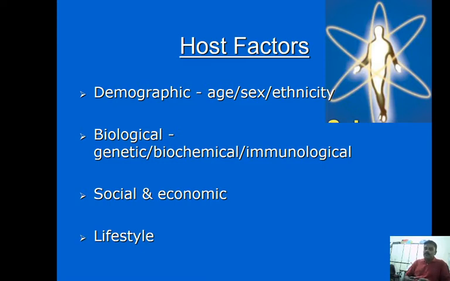Biologically, you have genetic, biochemical, and immunological parameters within the body of a person. Some people, even though they are exposed to, let's say, smoking, still don't get cancer. Some of them get it. So we don't know what is actually happening in terms of genetic or biochemical issues.